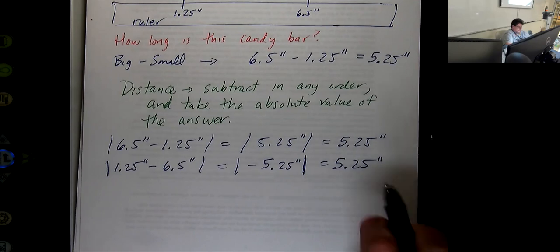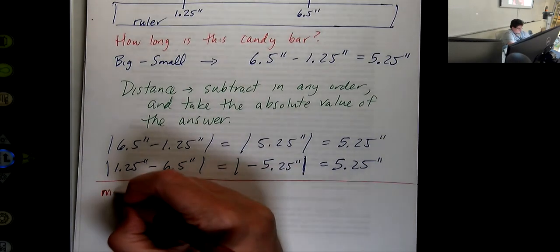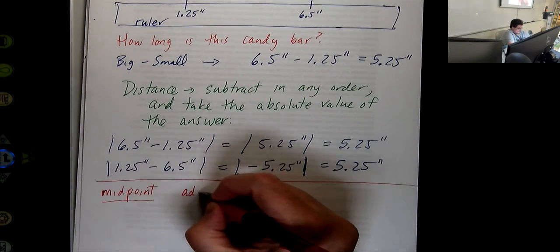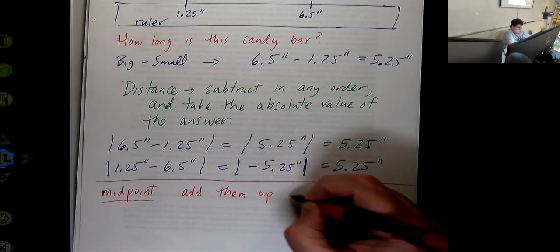Midpoint isn't too bad either. To find the midpoint, you add the 2 and divide by 2. Add them up and divide by 2.